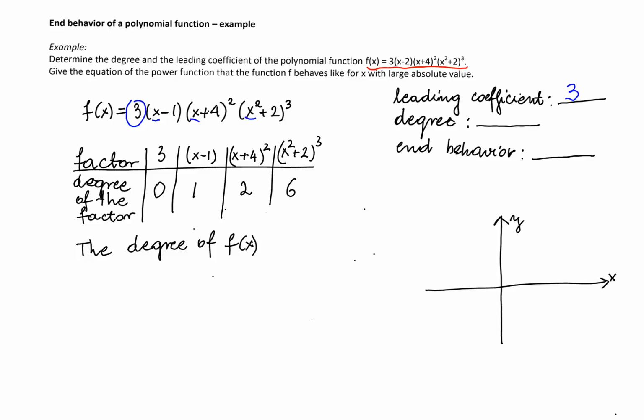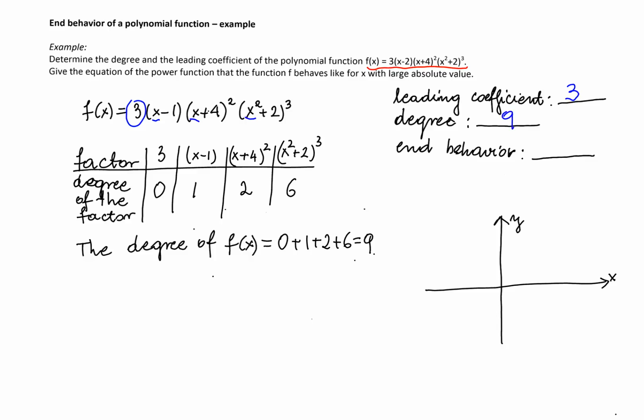So to get the exponent of that power, we'll multiply the degree of the x squared plus 2 by 3. And therefore the degree of the whole polynomial will be 0 plus 1 plus 2 plus 6, which is 9. So we know the degree of the polynomial, it's 9.